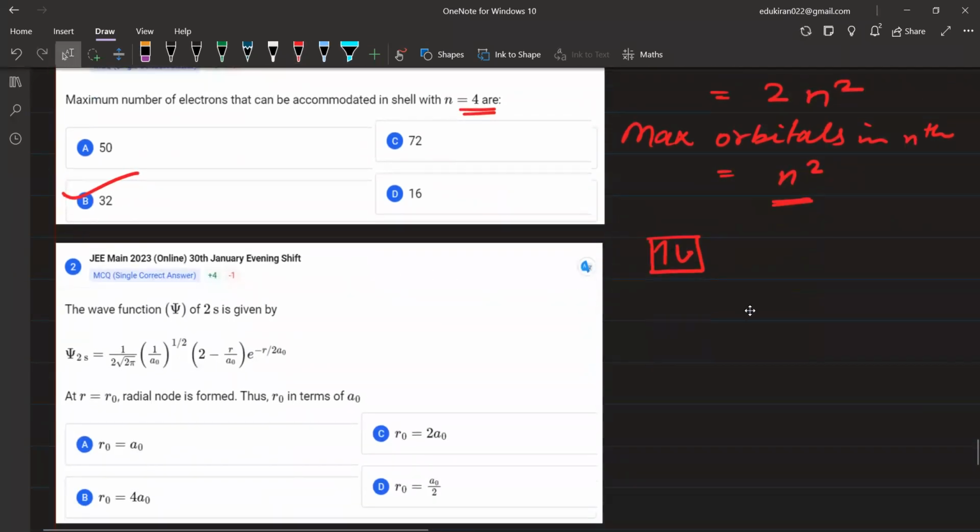Write this question, sorry। What is the question saying?